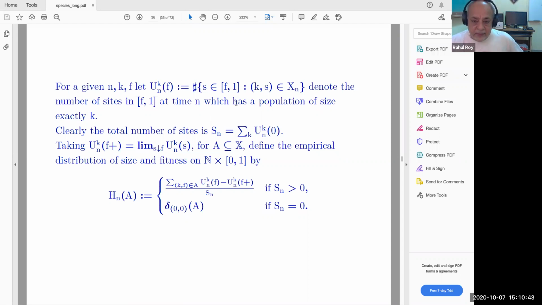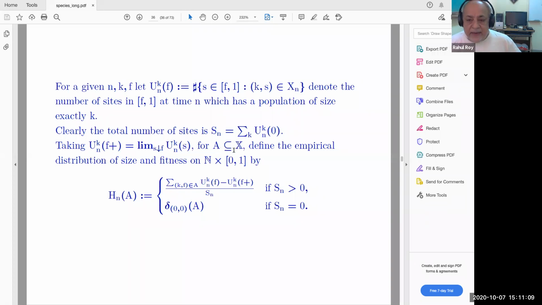And S_n is the total number of sites in the entire fitness line. And U_n(k, f+) is the number of sites in the open interval, or we can define it in this fashion.